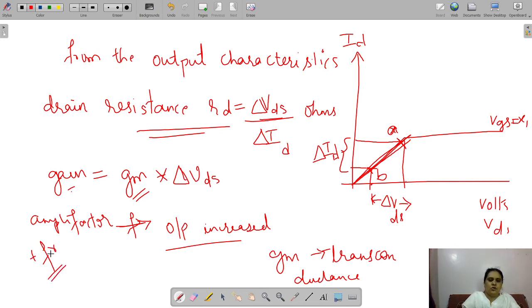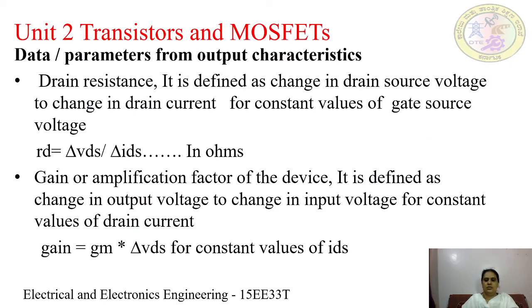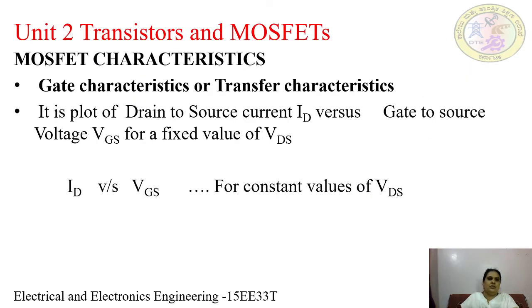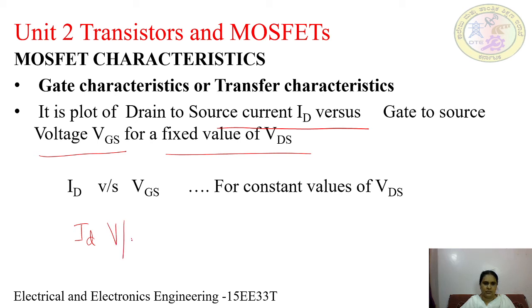So let's move on to the next characteristics, the transfer characteristics or the gate characteristics. It is a plot of the output current, the drain to source current ID, versus input voltage for a fixed value of VDS.